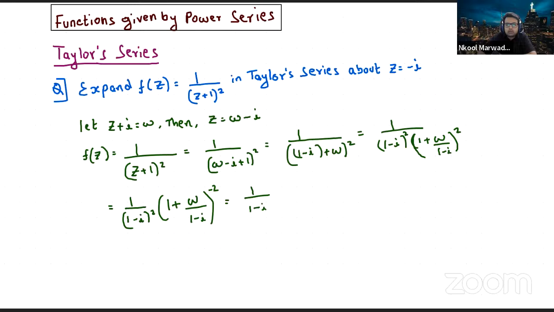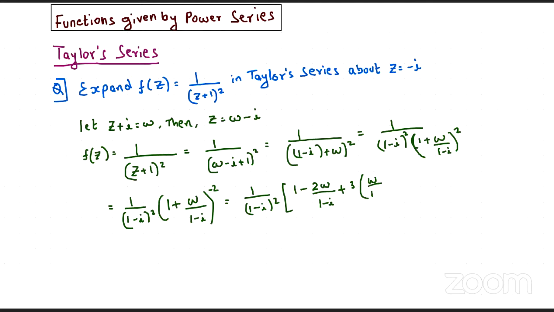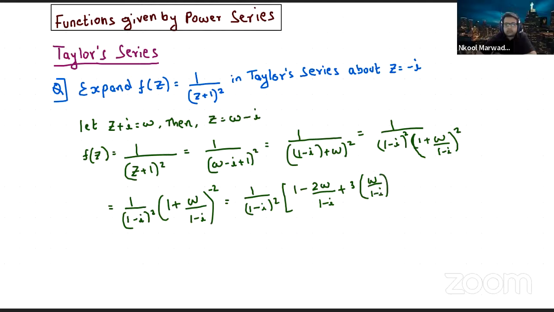It will be 1 minus 2 omega upon 1 minus i. Then plus, alternating plus and minus, 3 omega upon 1 minus i whole square. So 2 omega is coming. This is the formula, no?